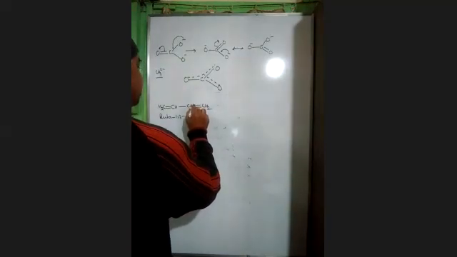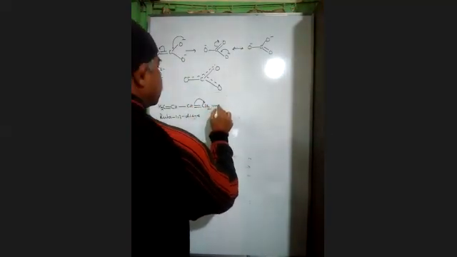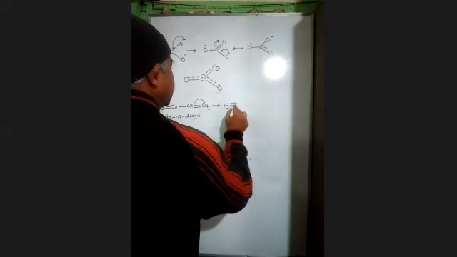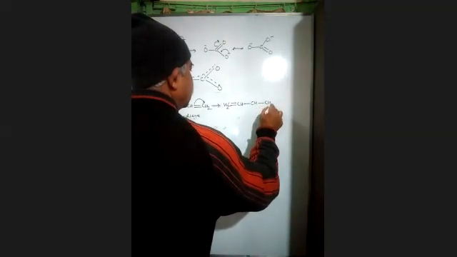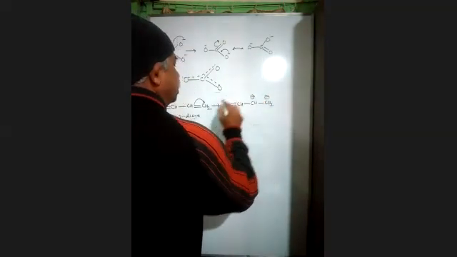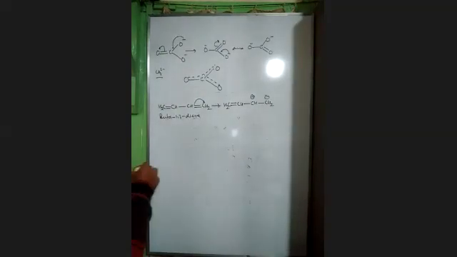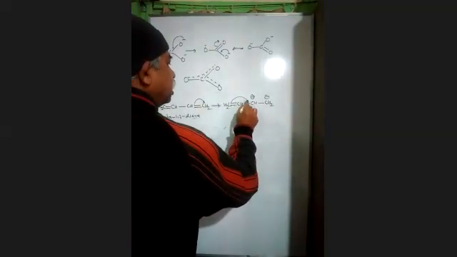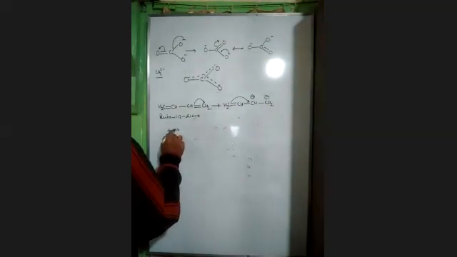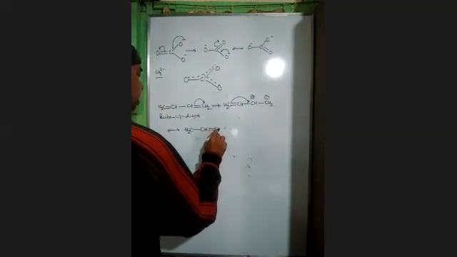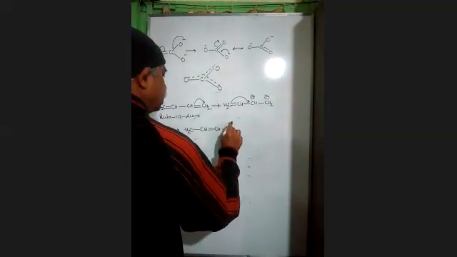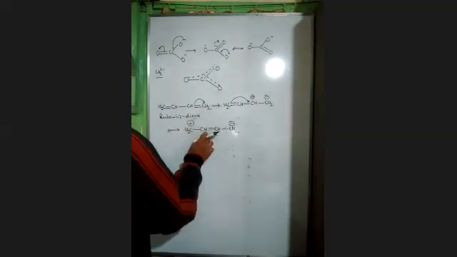How is it possible? This electron comes here, then after that this electron goes here. So what do you get now? It also acquires double bond character. So this is the resonance.